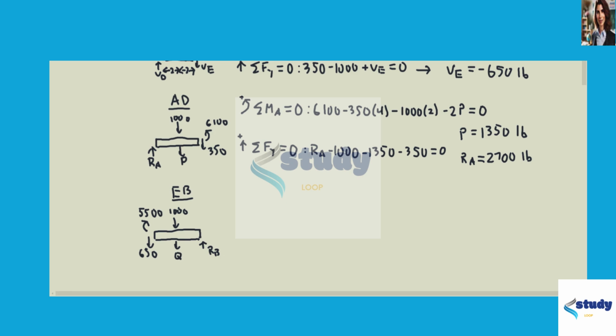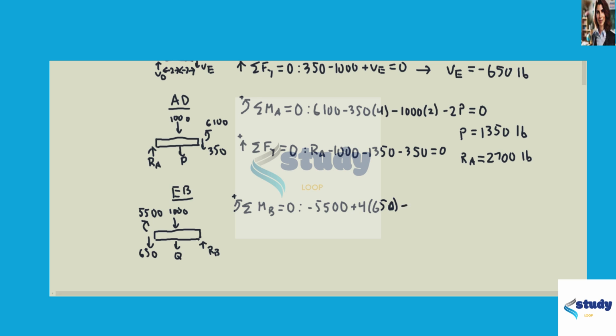All right, we're going to sum the moments and set to 0, and we will do that around point B. And we've got a minus 5,500. We've got the 650 with an arm of 4.